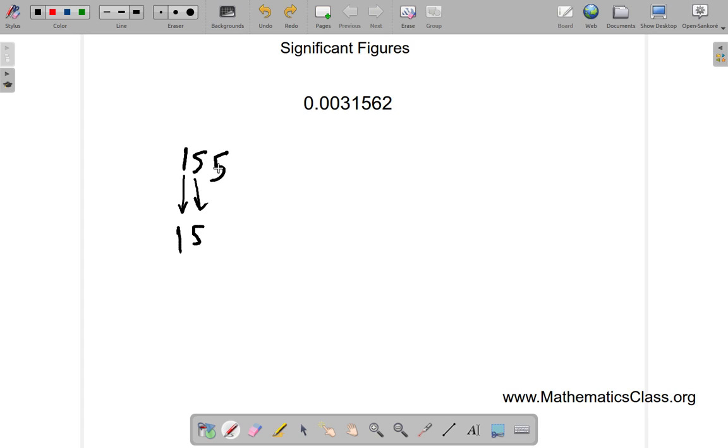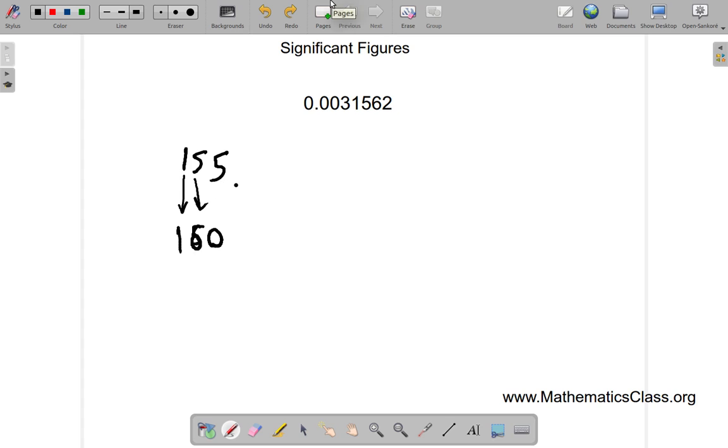You look to the right, and the next number is 5 or more, so you come back and add 1 to this 5 to make 6. But you can't stop there, because you cannot say 155 is approximately 16. No, you have to put that 0 there to show that you're talking about 100 and something.